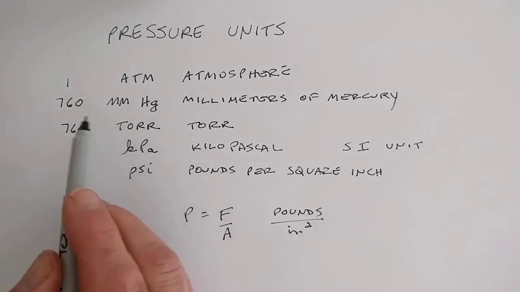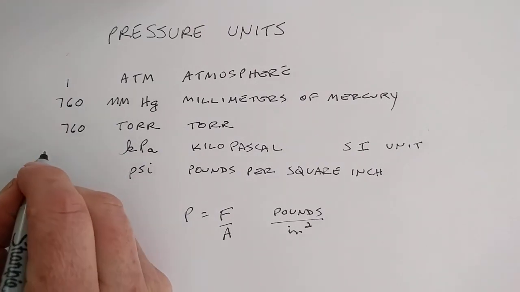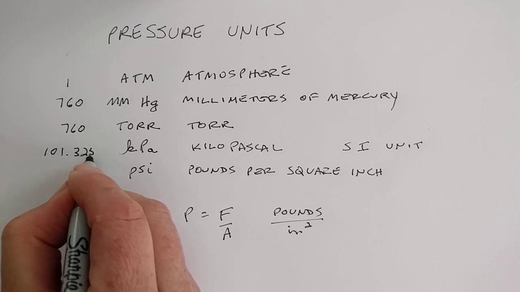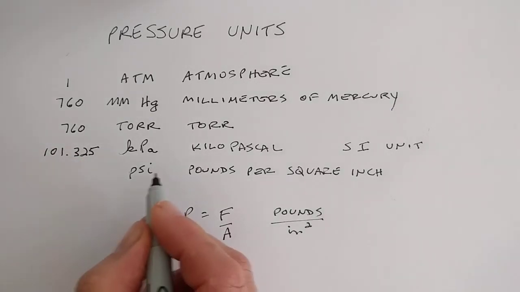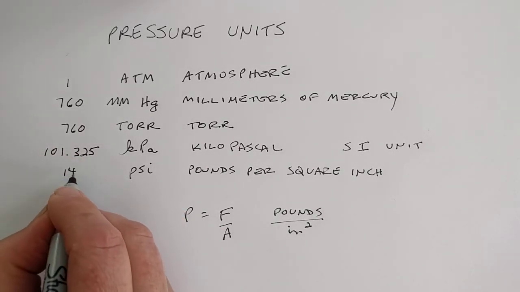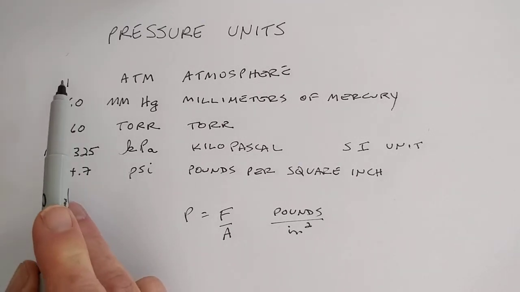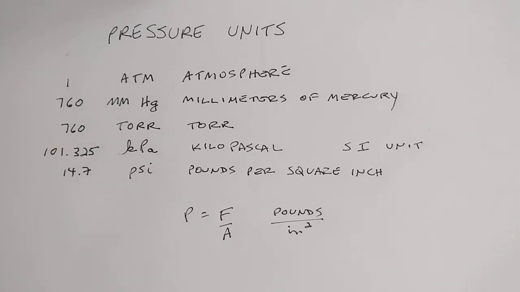For kilopascal, 1 atmosphere is the same as 101.325. And for PSI, our number is 14.7. So we can pick any 2 of these and write a conversion factor. There are 14.7 pounds per square inch in 1 atmosphere of pressure.